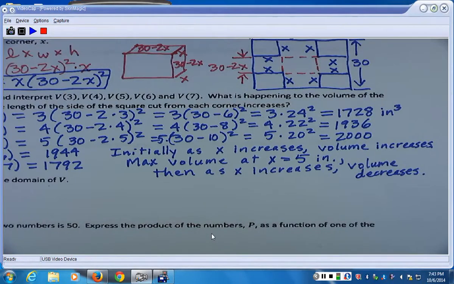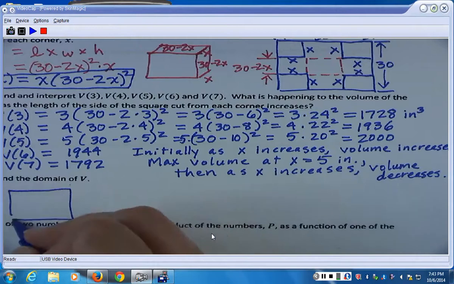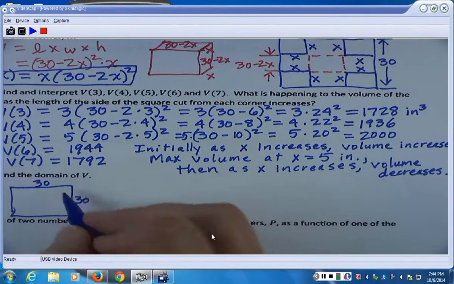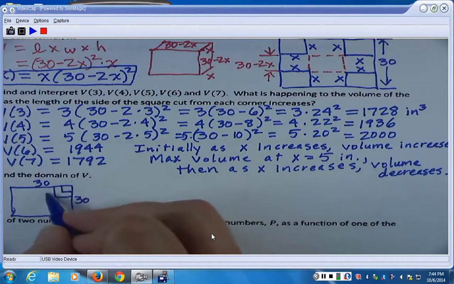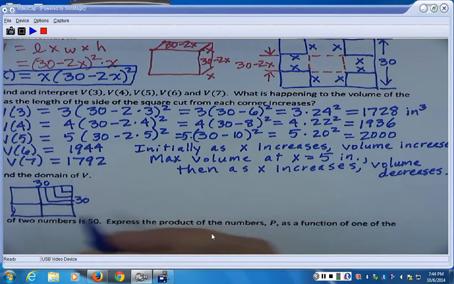Okay, what's the domain of V? Find the domain. Well, here's our original square. And we keep cutting a corner off and a corner off and a corner off. And if we cut all the way here, there'll be nothing left.